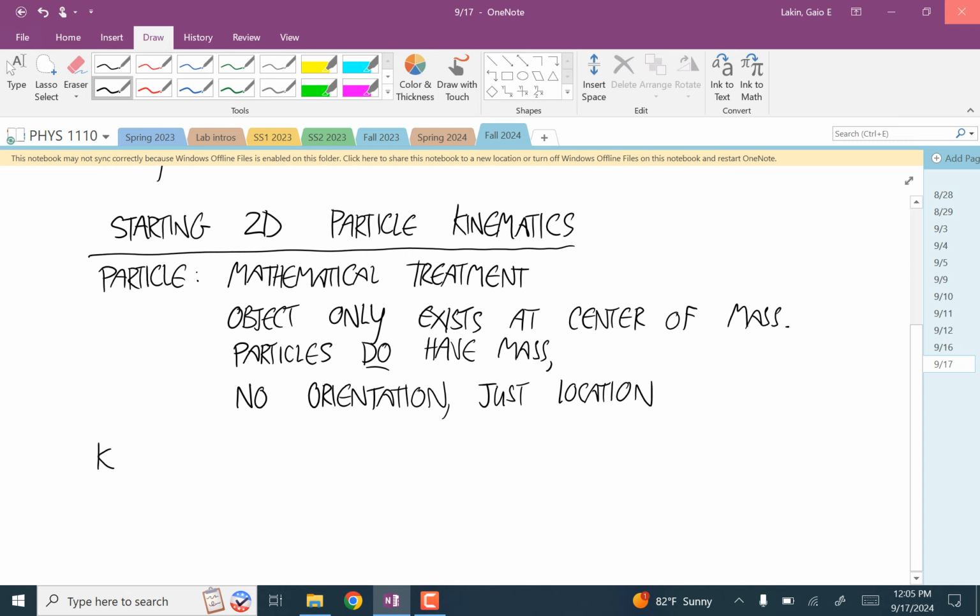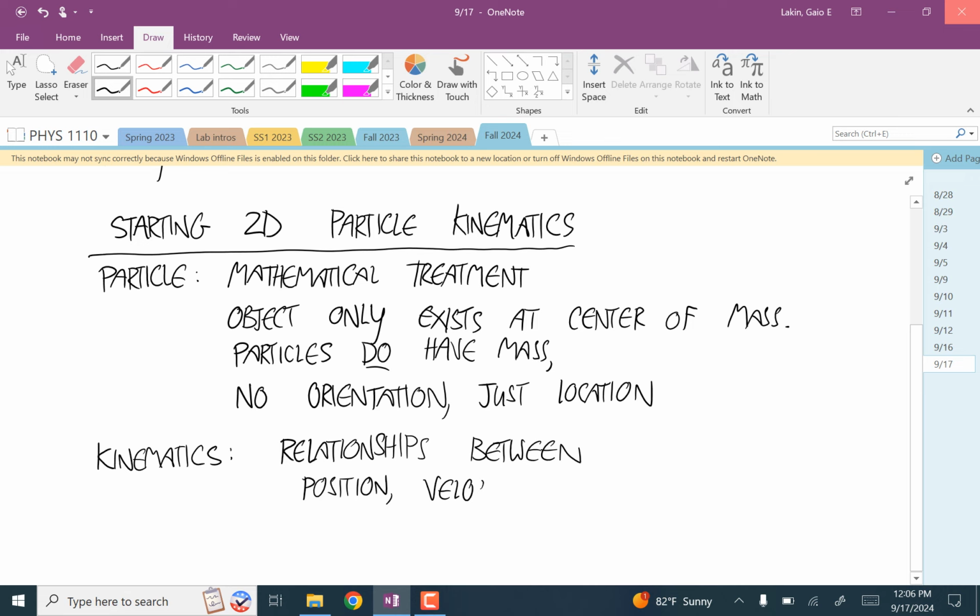Kinematics means that we're only describing the motion. So again, let's just think of that as relationships between position, velocity, acceleration, and time.